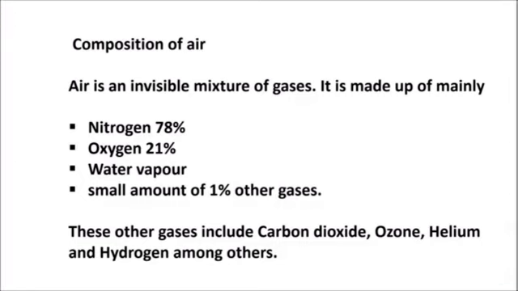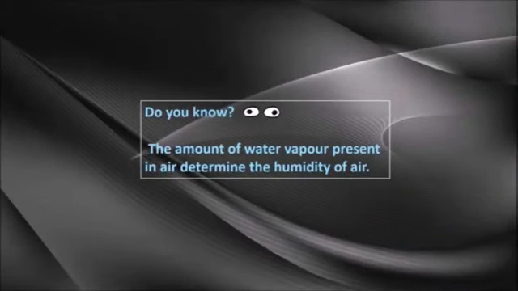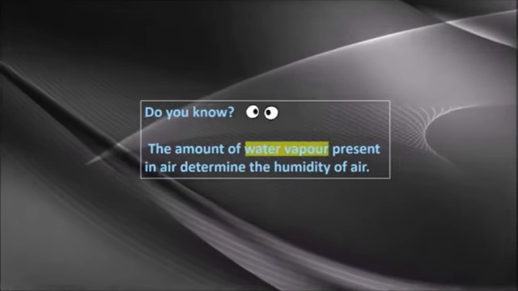These other gases include carbon dioxide, ozone, helium, and hydrogen. You must have heard about the humidity of air. What does it mean? It's the amount of water vapor present in the air that determines the humidity of the air.